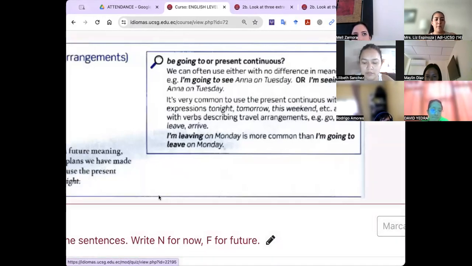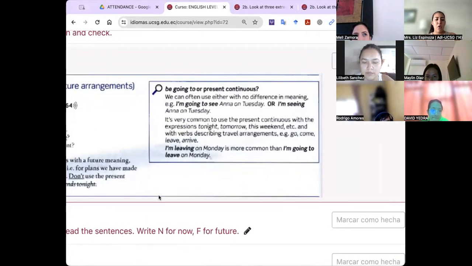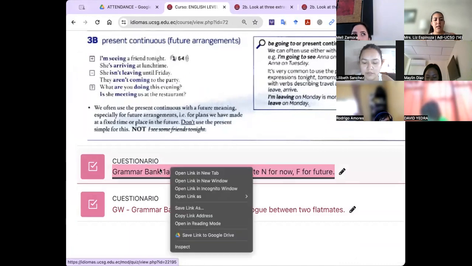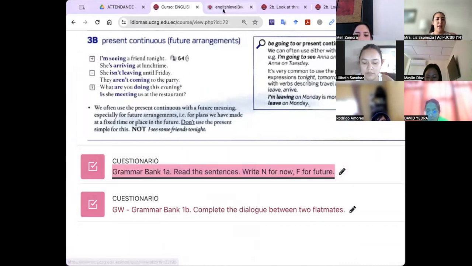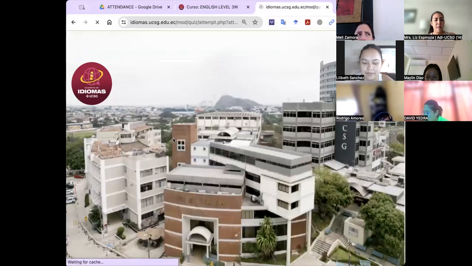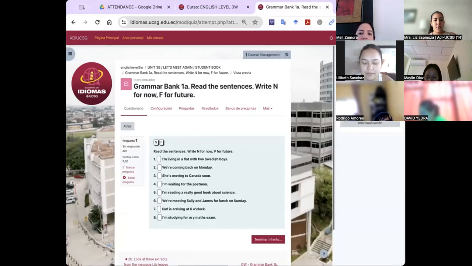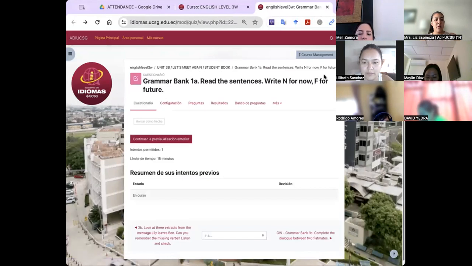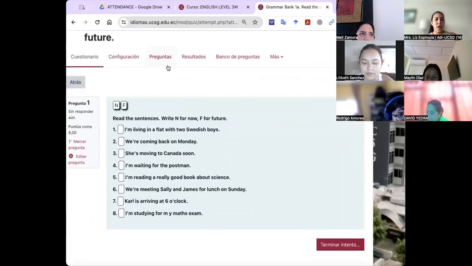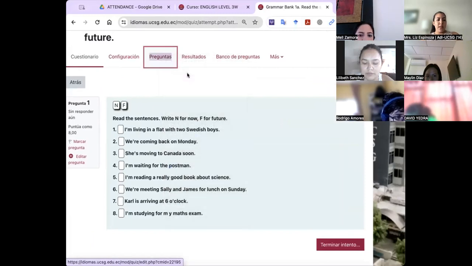So now we have mentioned that for now or for future, we're going to recognize that in some sentences, okay? Let's see. In Grammar Bank 1A, it says, read the sentences and recognize if that one is for now or for future. Wait a second.